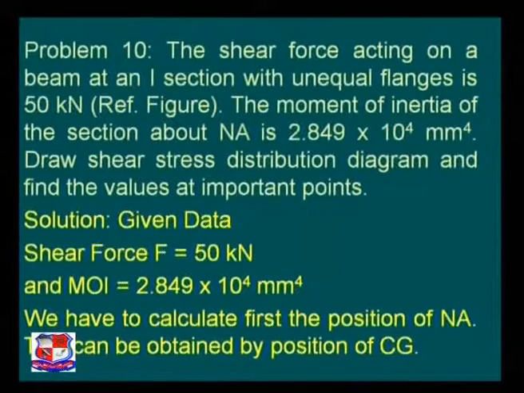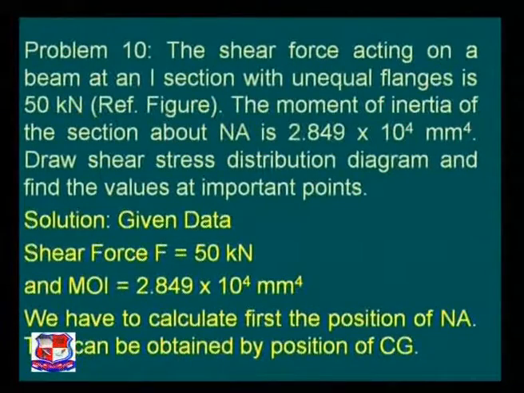Starting with the problem: the shear force acting on a beam with an I section with unequal flanges is 50 kilonewton. The moment of inertia of the section about the neutral axis is 2.849 into 10 raised to 4 millimeter raised to 4.